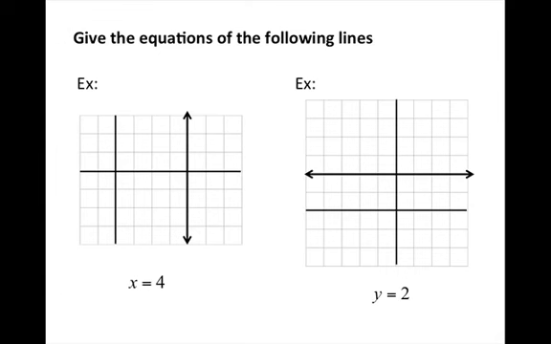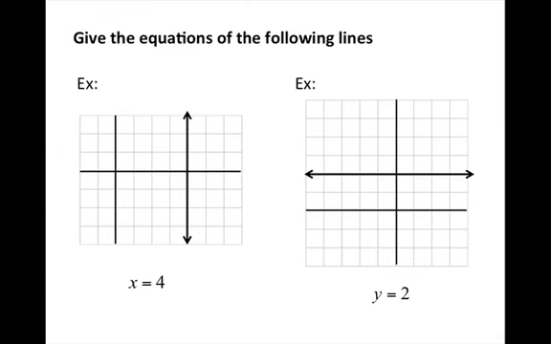So when you're given the lines, the first thing you determine is the variable. You decide the variable based on what type of line you have. If it's a vertical line like my first example, you have x equals. If it's a horizontal line like the second example, you have y equals. So if you're ever asked how do you know which variable to use, it's based on the type of graph.